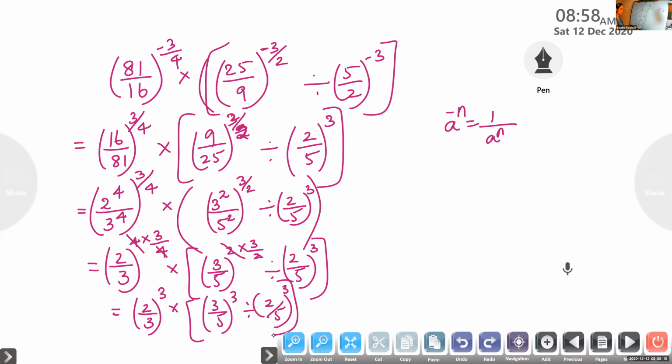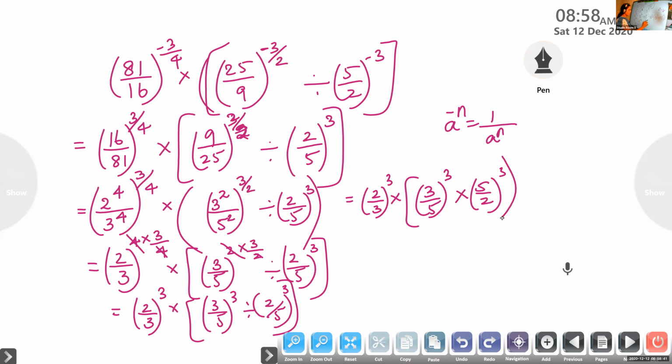So that is same as 2 by 3 the whole cube into 3 by 5 the whole cube. Division means, is it multiplication by reciprocal? So we can write this as 5 by 2 the whole cube. Is it correct?